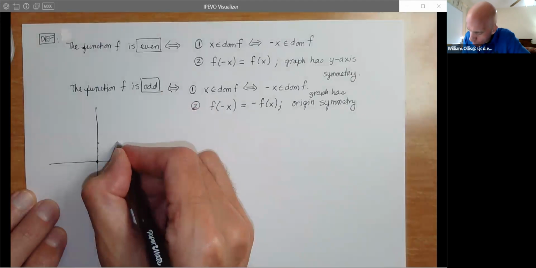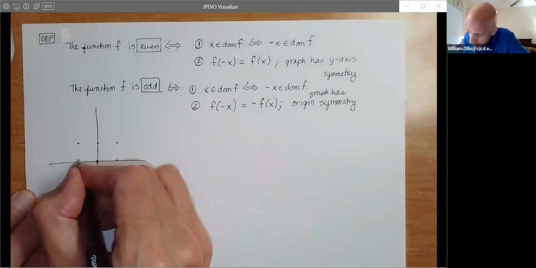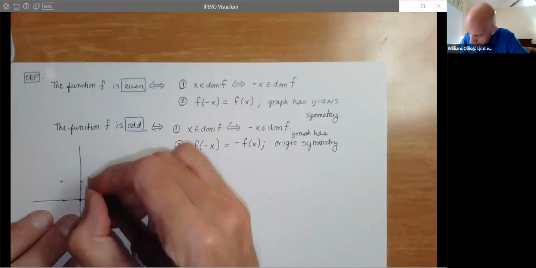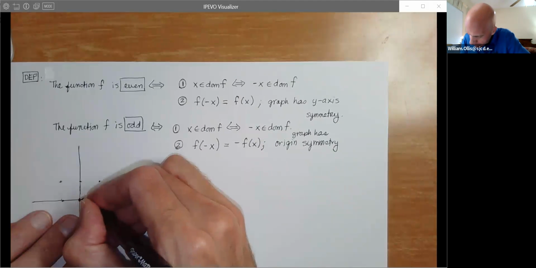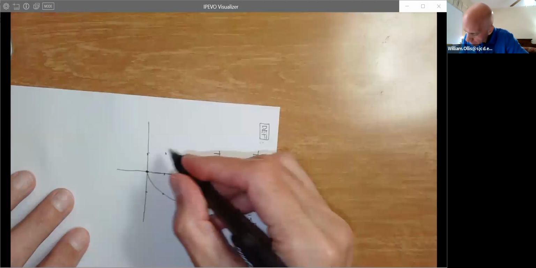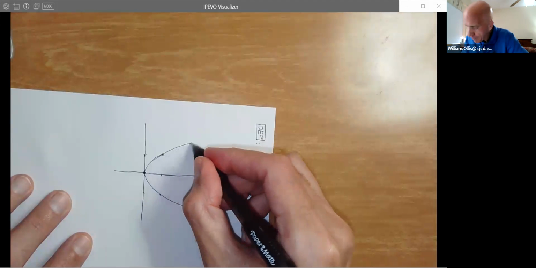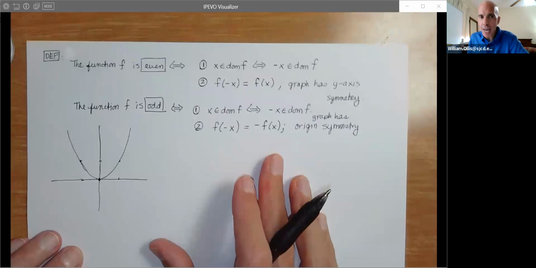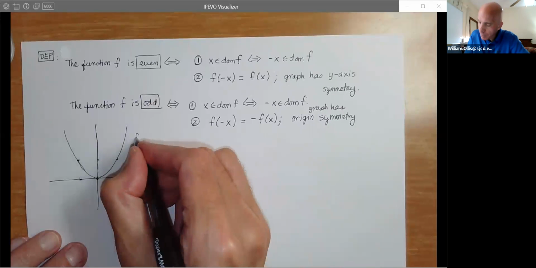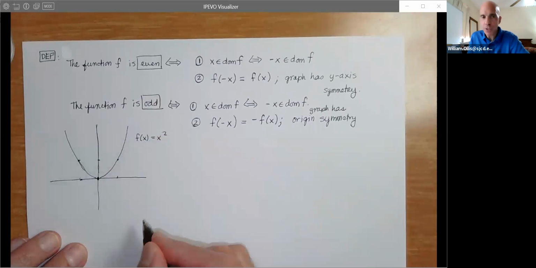I'll spread this out. 1, 1. -1, 1. So the function f of x equal x squared, that's our handy even function.